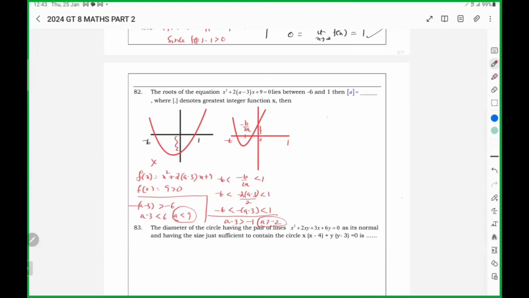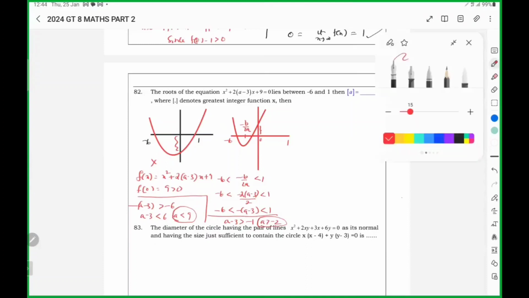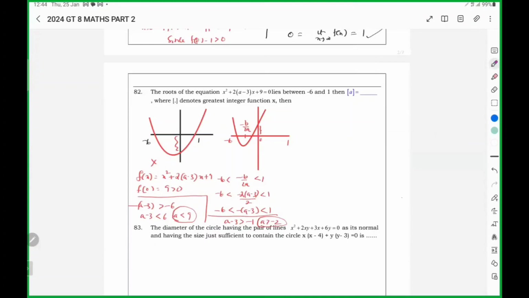And the other possible graph, between minus 6 and 1, both roots can be positive. So in this case, minus b by 2a lies between 0 and 1.